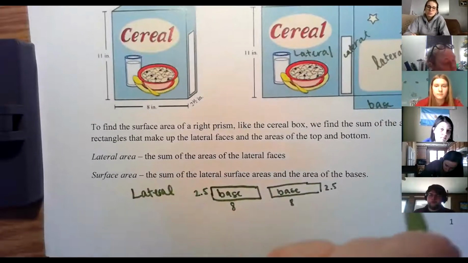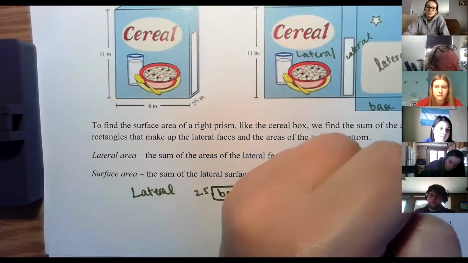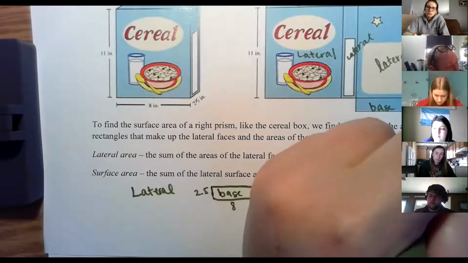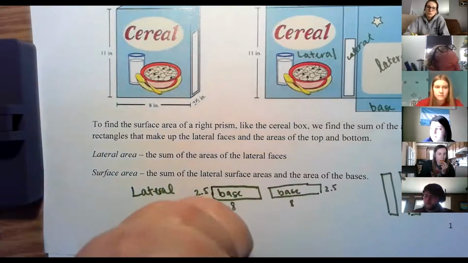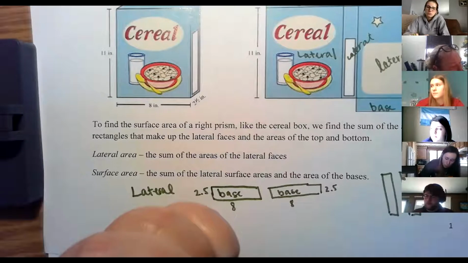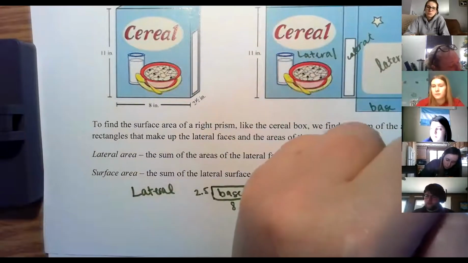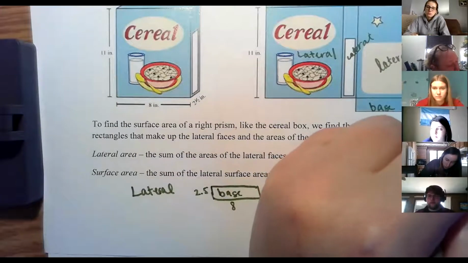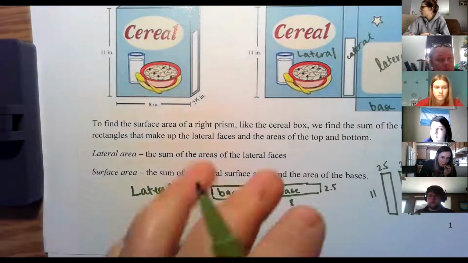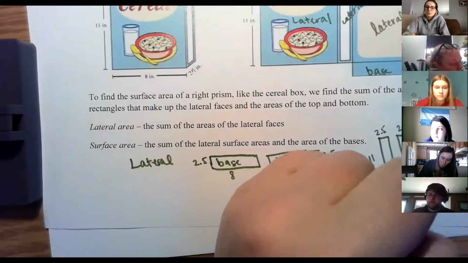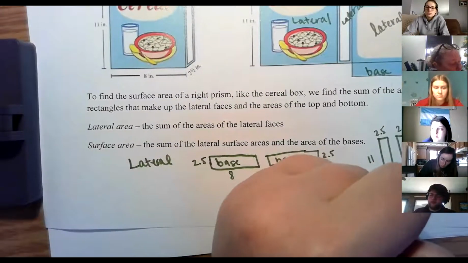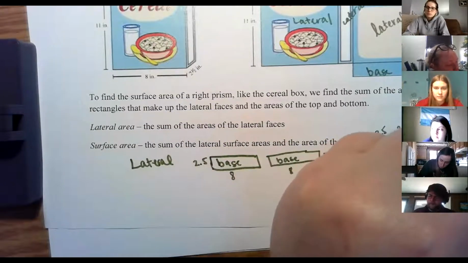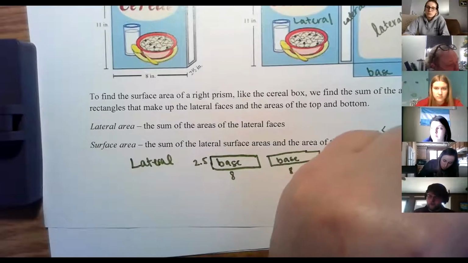For my lateral sides, I have these 2 vertically skinny pieces. So that's going to be 2.5, and that's going to be 11. 2.5 and 11, and then the big lateral pieces, those big rectangles, that's 11 and that's 8. 11 and 8.